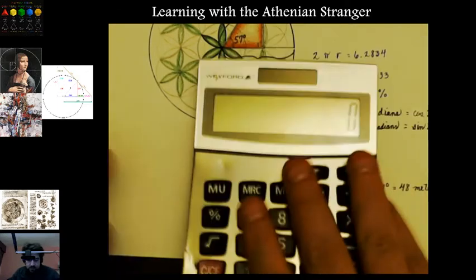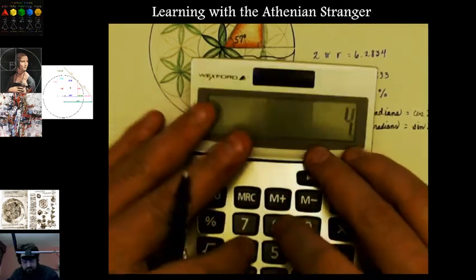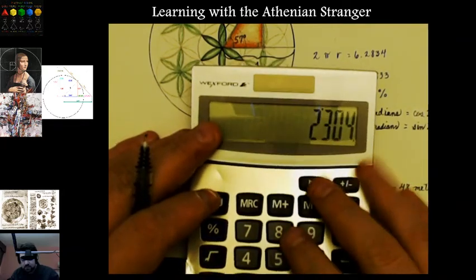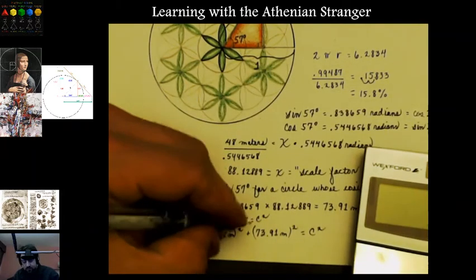So let's take 48 times 48, and that equals 2,304.